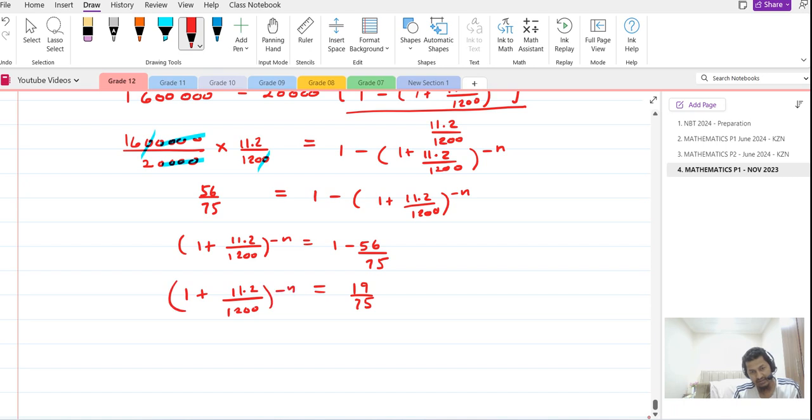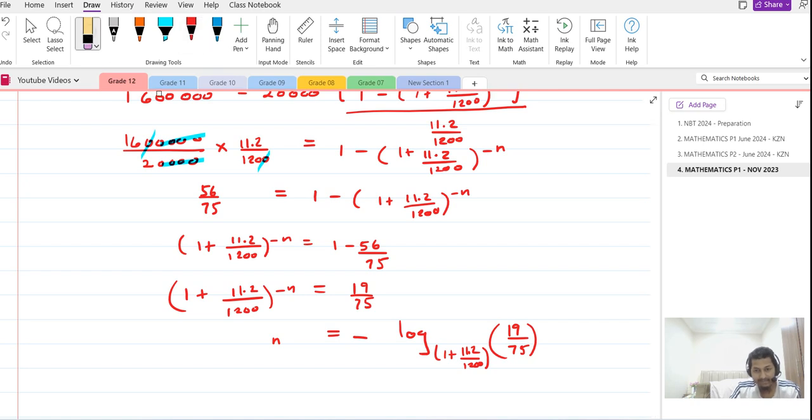So negative n equals, now just multiply both sides by negative. So you say negative n equals log of 19 over 75 base 1 plus 11.2 over 1200. That should be 11.2.